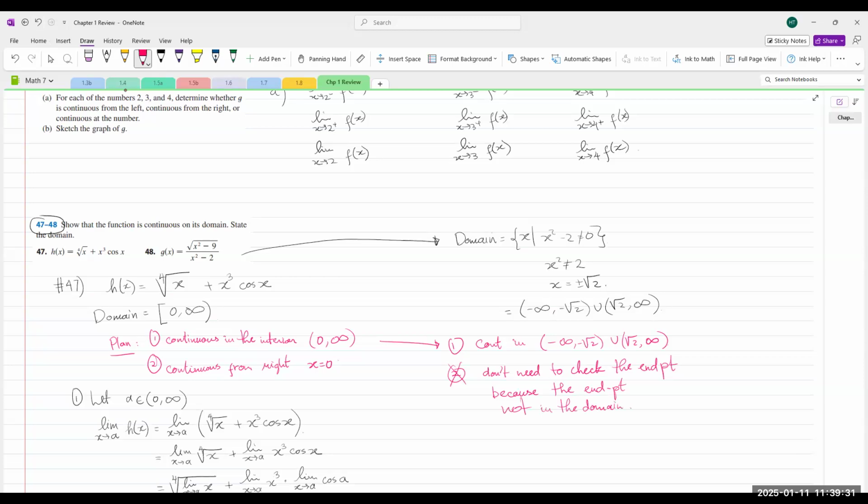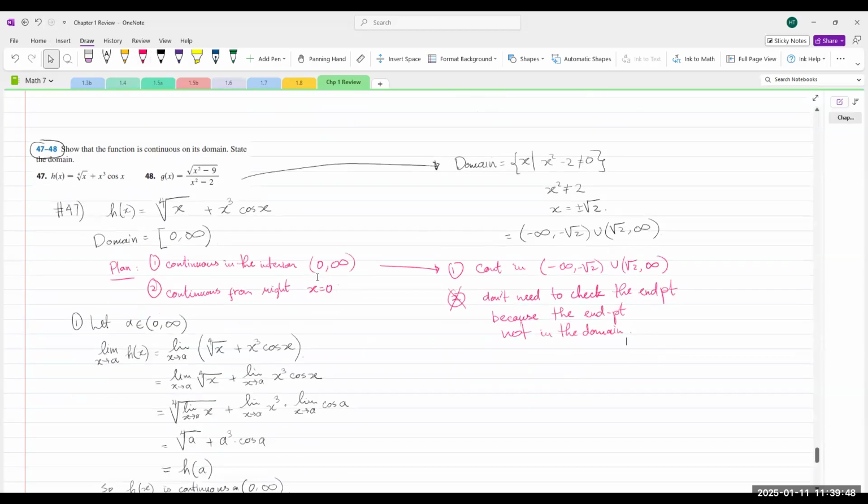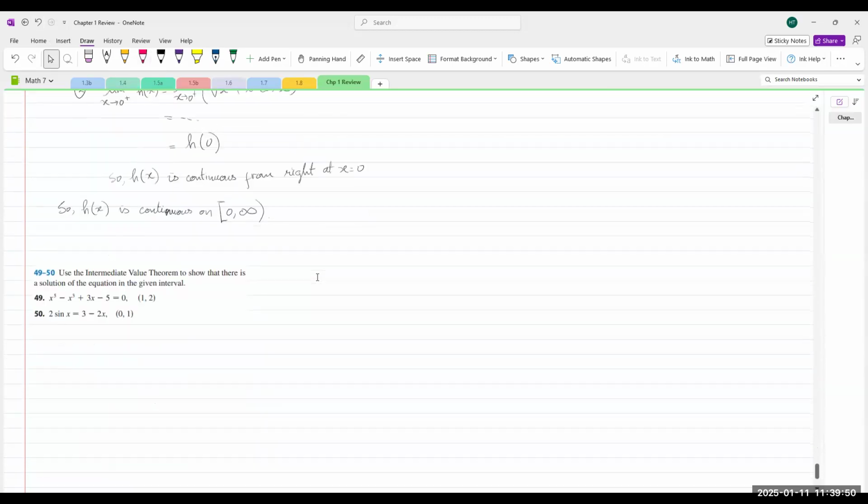So that's the nice thing about having an open interval as a domain. If we need to check the continuity, we just check the interior, and right at the endpoints, because they're not part of the domain, we don't need to check the continuity there. Okay, that's for number 48.